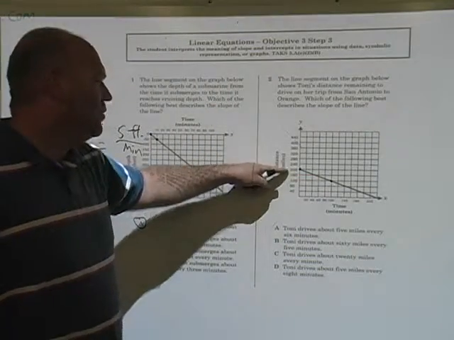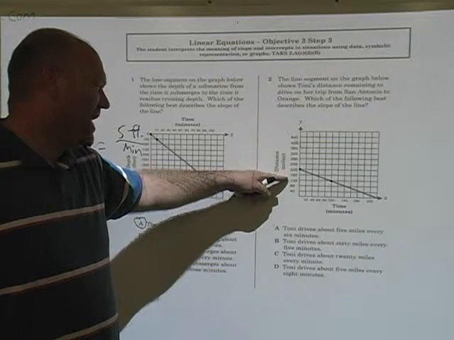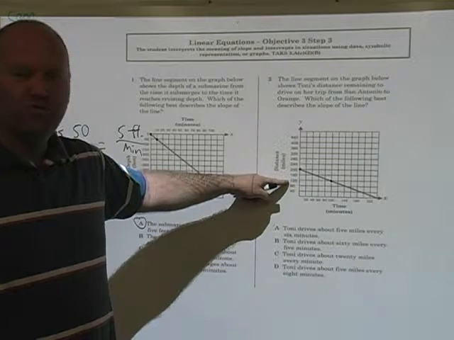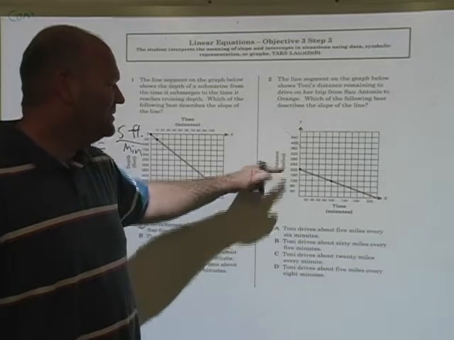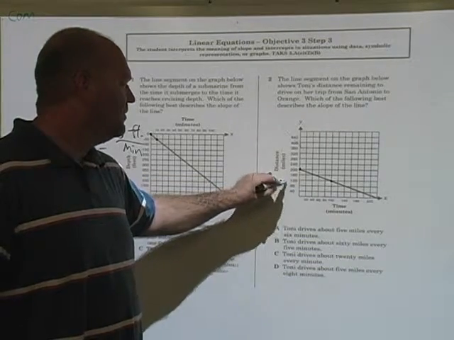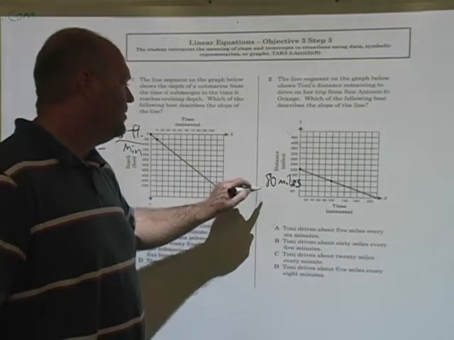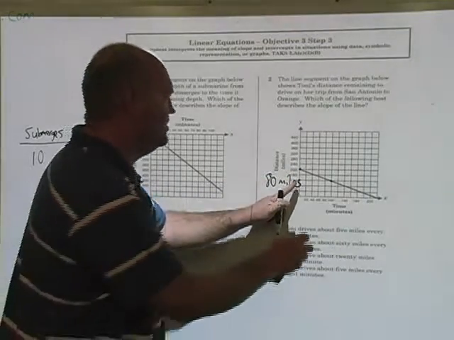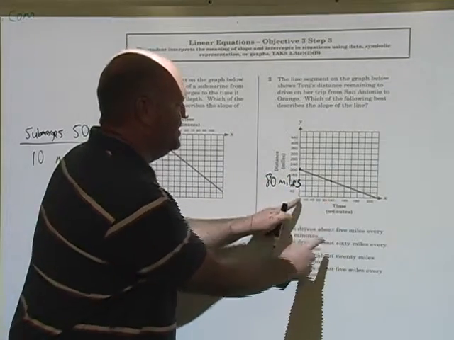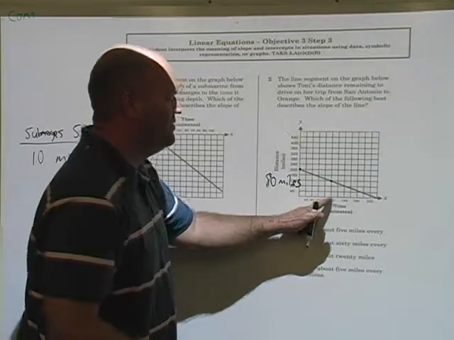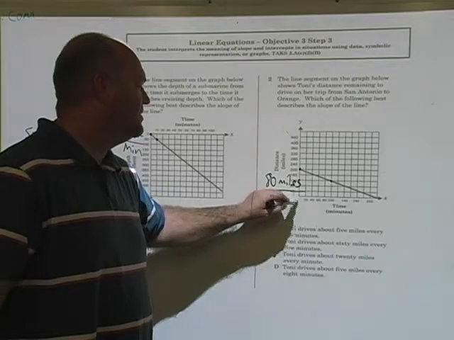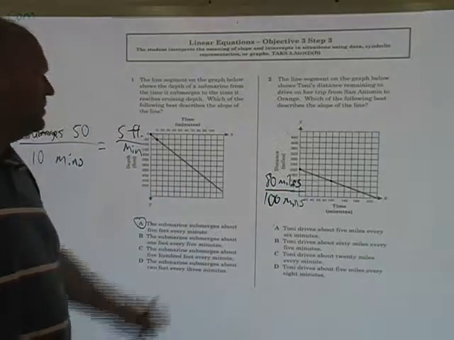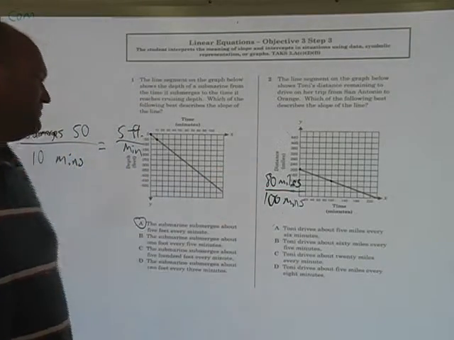Okay, what is the rise? Well, it's going down from 200 to 120. That's a drop of 80 miles. And the time from there to there is 0 to 100, so 100 minutes.